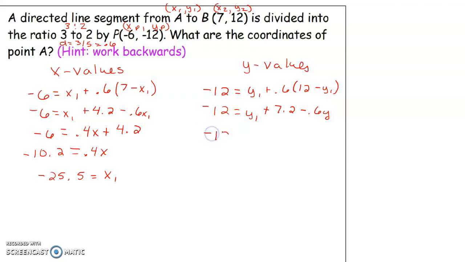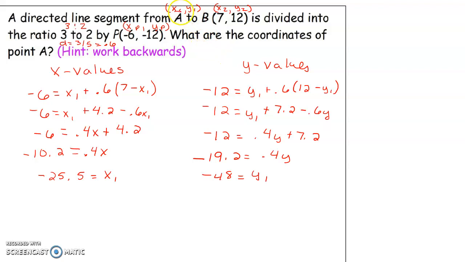Combine those like terms. Subtract 7.2 from both sides. Divide by 0.4 on both sides, and I get a negative 48 equals my y1.